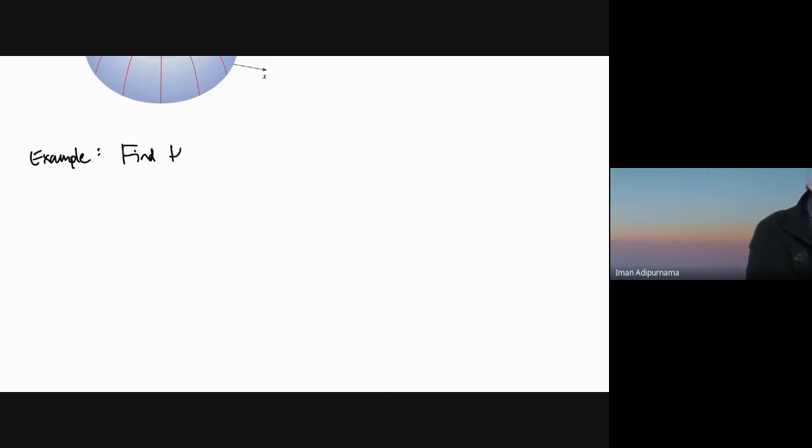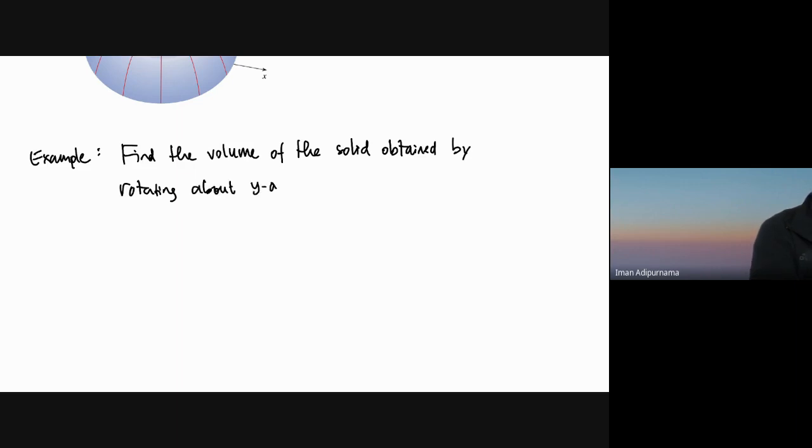Find the volume of the solid obtained by rotating about the y-axis the region between y equals x and y equals x squared.